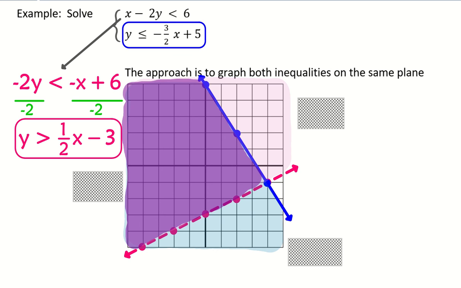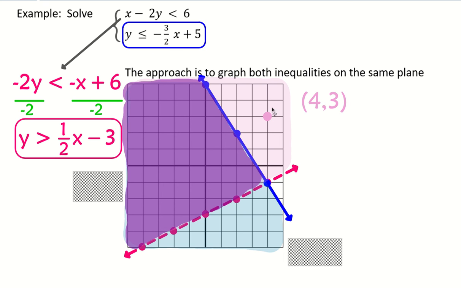So in other words, a point like (4, 3), 1, 2, 3, 4, 1, 2, 3, right there, this point would solve this one, but not this one.